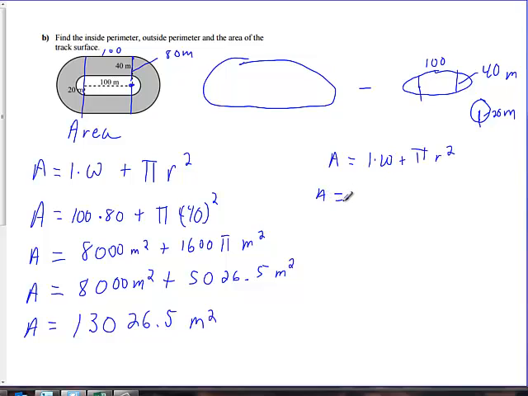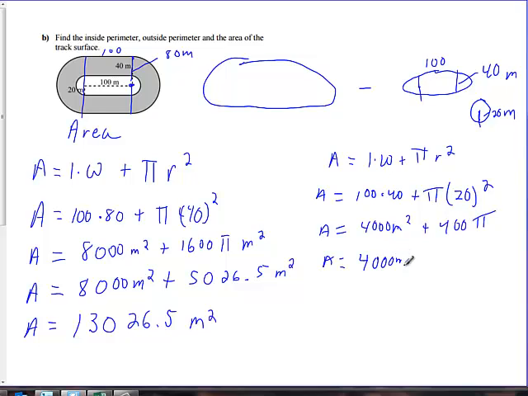So our area is equal to 100 times 40 plus pi times 20 squared. 100 times 40 is 4,000 meters squared plus 20 times 20 is 400 pi. So our area is 4,000 meters squared plus 400 pi, which is 1,256.6 meters squared.